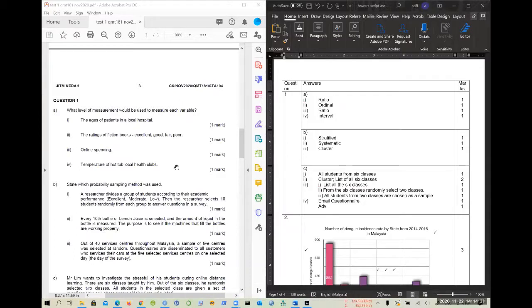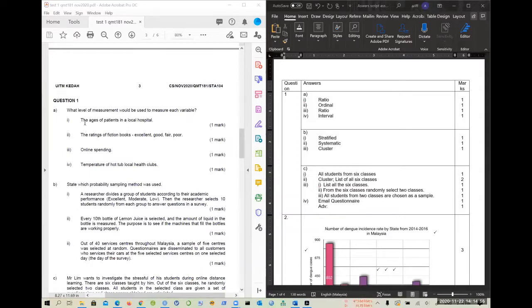The difference between ordinal and nominal is that one can be ranked and the other cannot, while the difference between interval and ratio is that one has an absolute value of 0 and the other has none. We call this the absolute 0 point.